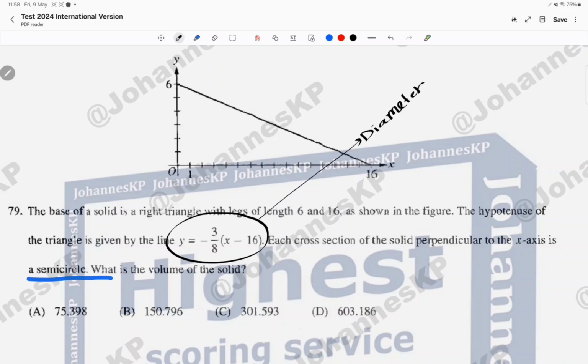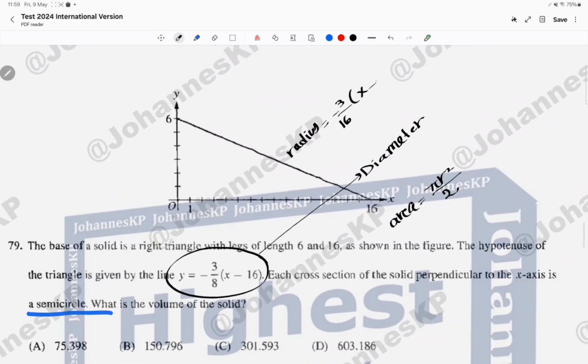And you're going to find the area of a semicircle, which is pi r squared over 2. Well, that's diameter. So what's our radius? Half the diameter, right? So divide that by 2. You get negative 3 over 16 x minus 16.